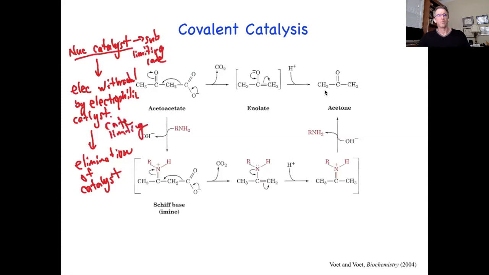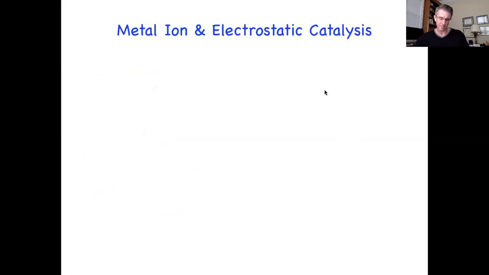So it doesn't necessarily matter for our purposes, but you may hear things categorized that way sometimes. So covalent catalysis is this incredibly important type of catalysis that we're going to see multiple versions of.